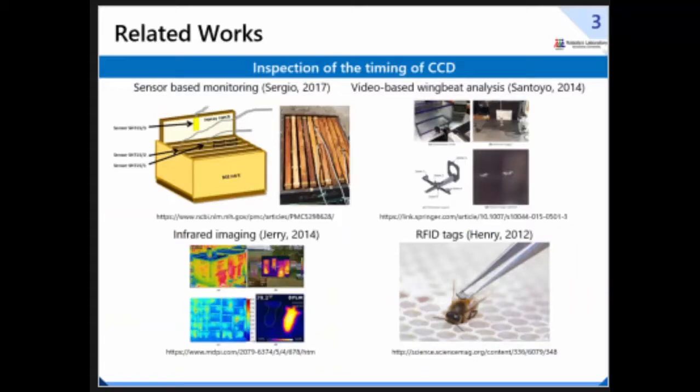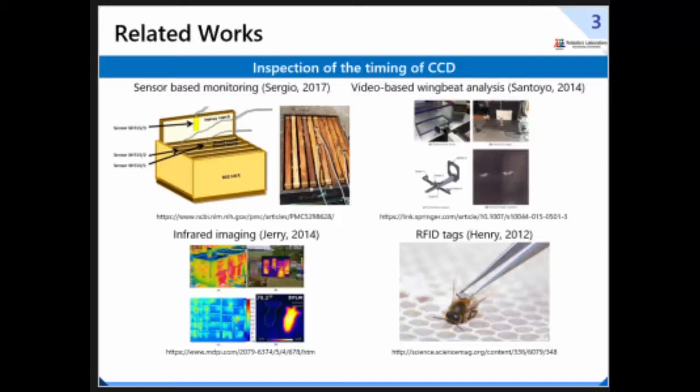Several studies have analyzed the activities of honeybees inside beehives, such as automatic bee tracking and behavior labeling. To analyze honeybee activities at the beehives, many systems and studies have been reported, such as video-based analysis, sensor-based monitoring, and wing frequency analysis.